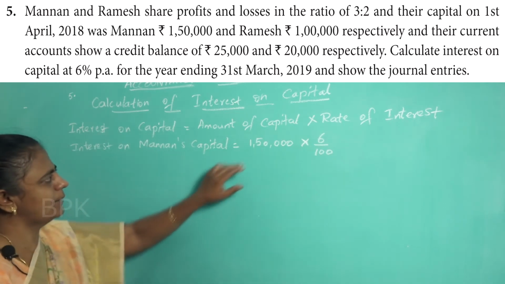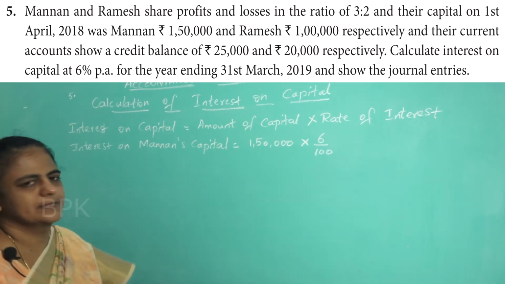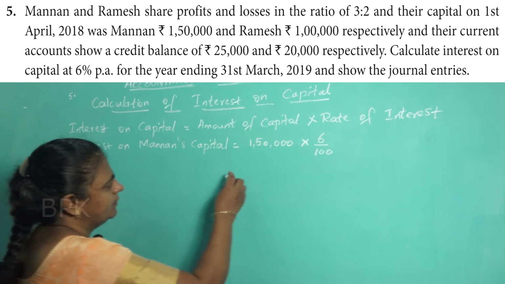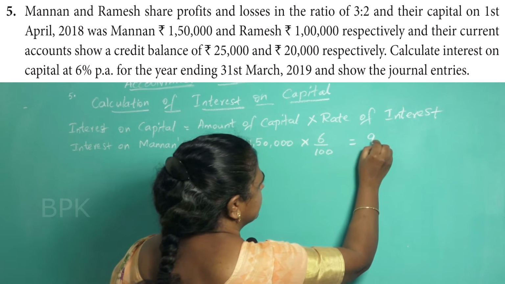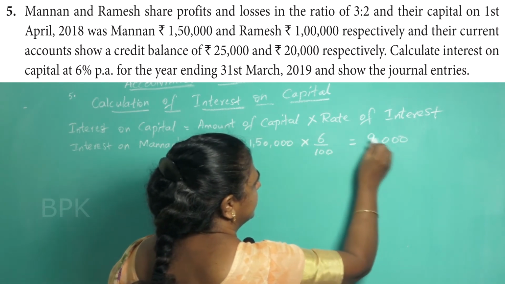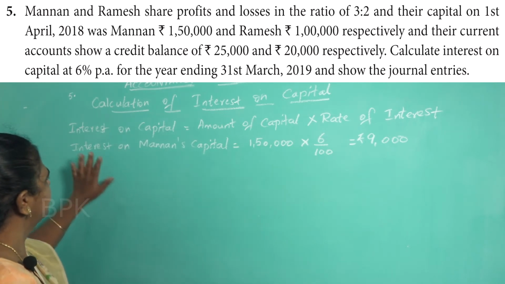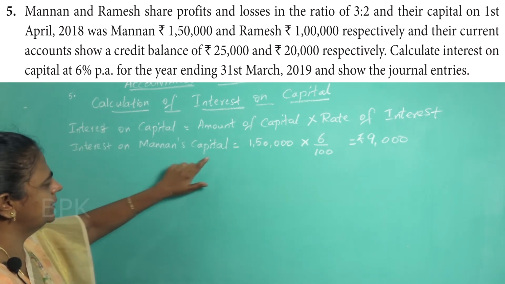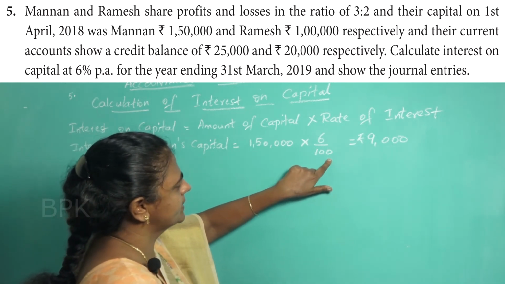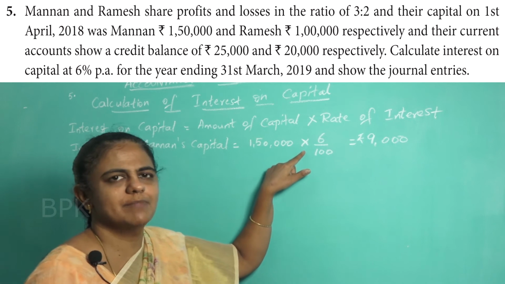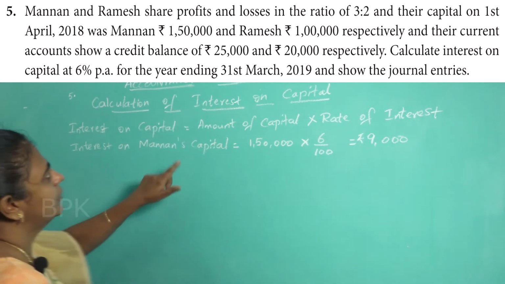Take the capital of Mannan and calculate the rate of interest. So that will give you rupees 9,000. Is it clear? Interest on Mannan's capital: take the capital he has invested in the business into the rate of interest, 6 by 100.